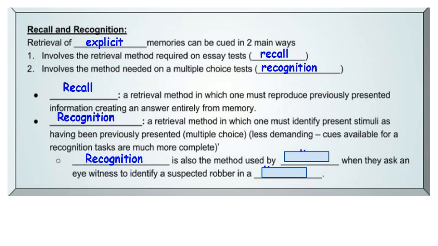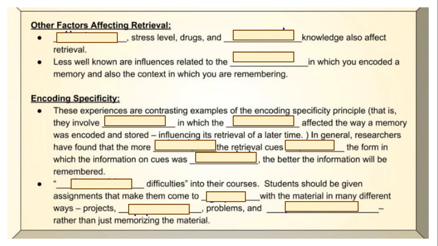So recognition is also the method used by the police when they ask an eyewitness to identify a suspect in a robbery with what they would call a lineup. So you're going to look at these suspects and you're going to try to maybe point out the person who looks the most familiar or similar to the one that's in your memory.